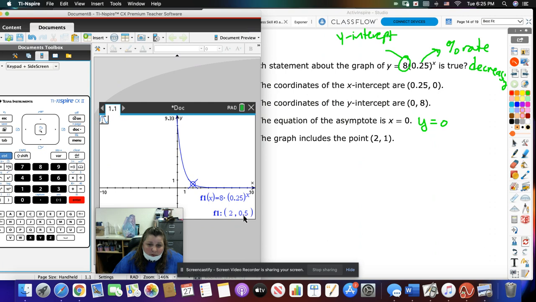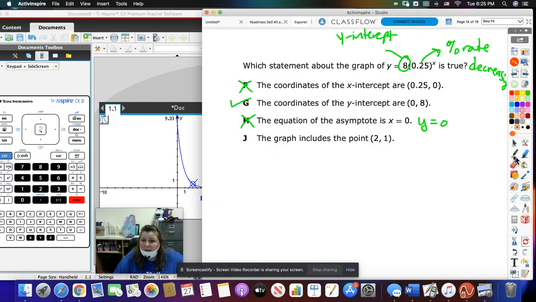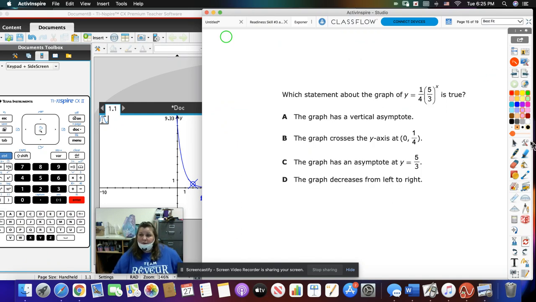Input 2, does it output 1? No, it outputs 0.5. That's not the right answer, so G is the correct answer. Now, this could say false too, so be careful with that. It could say true, it could say false. That's why you need to do true or false on all of them, so it makes sense which one is the answer. Okay, here's one for you to try on your own.